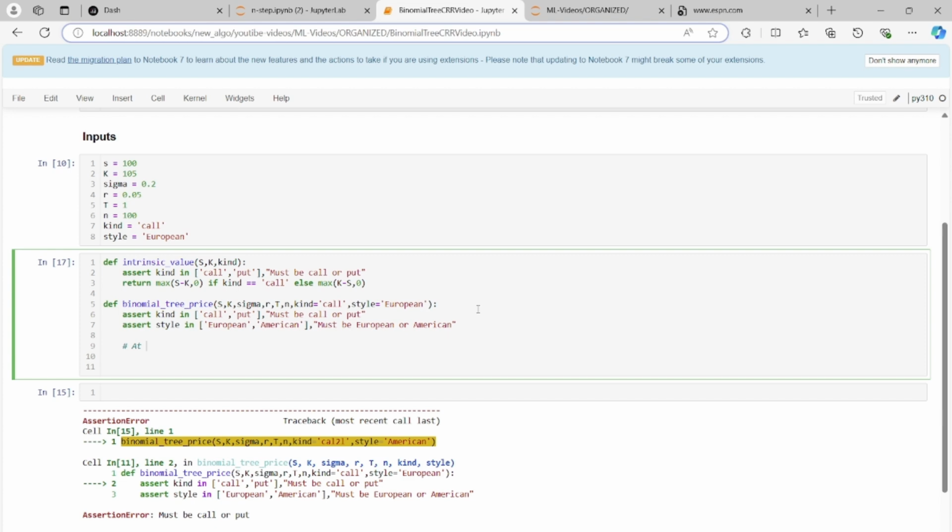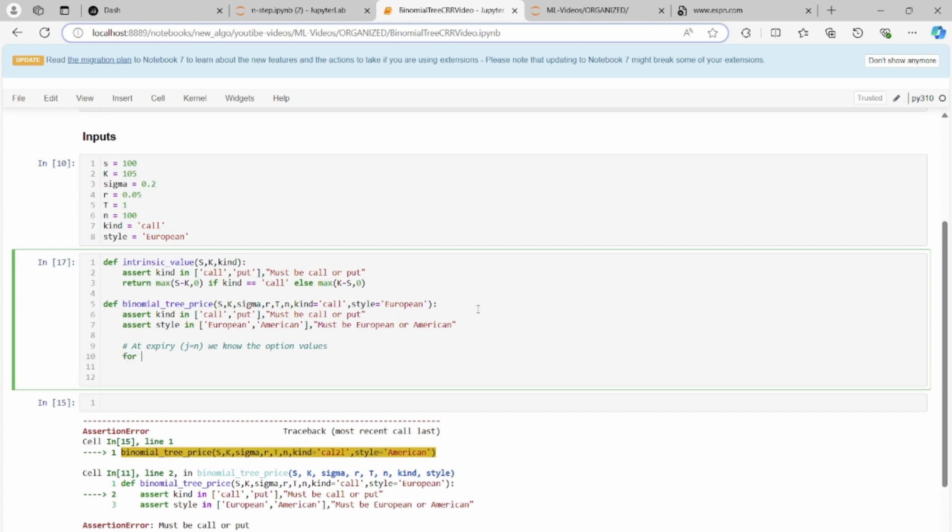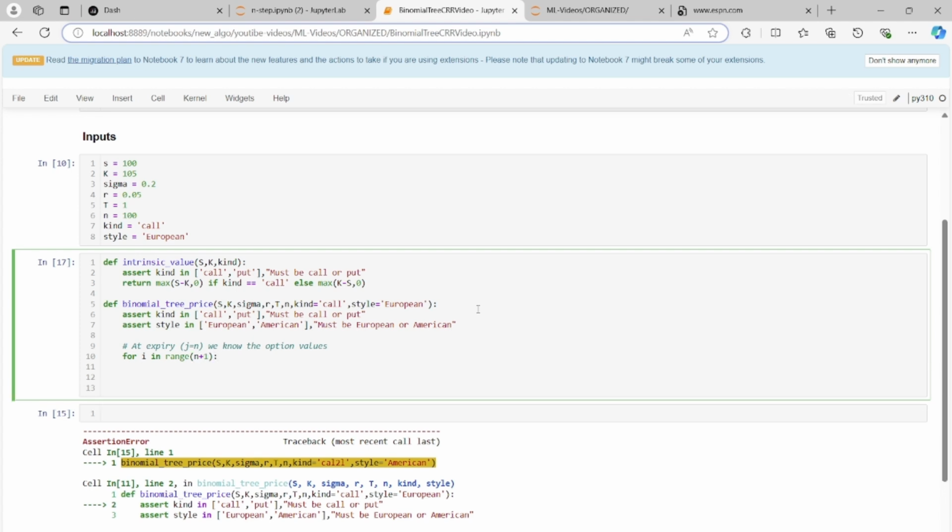At expiry, basically we used j for the horizontal things, so we do j equals n. We know the option values, so it's going to be for i in range. Remember we said there's j plus 1 options, so n plus 1 in this case. It'll be 0 to n.